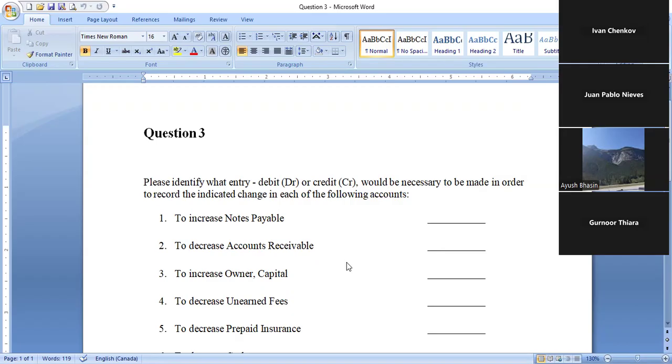Let's see now. We want to increase notes payable. First, what kind of account is this? Liability. How can we increase the liability account?